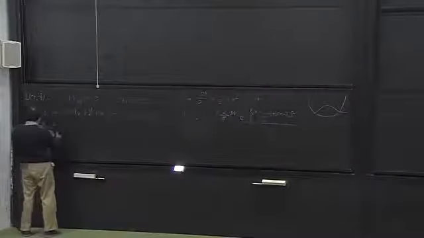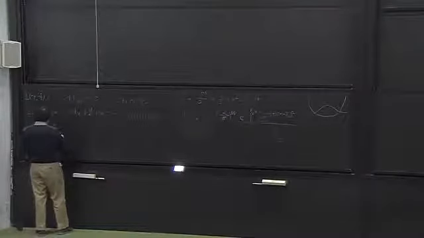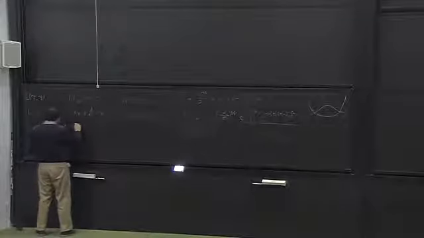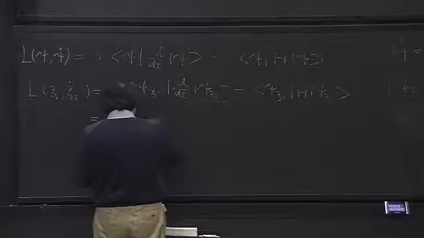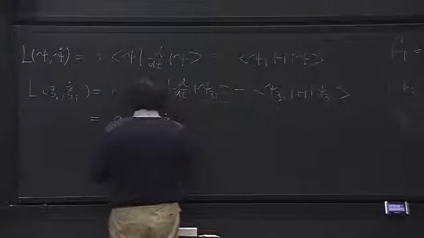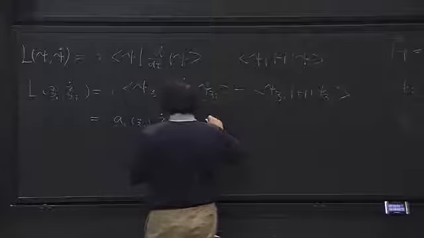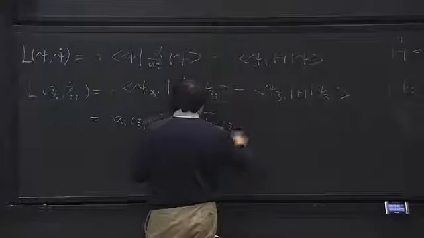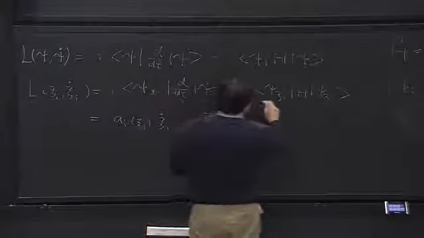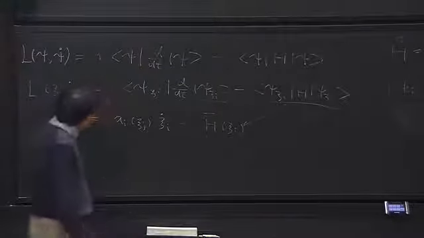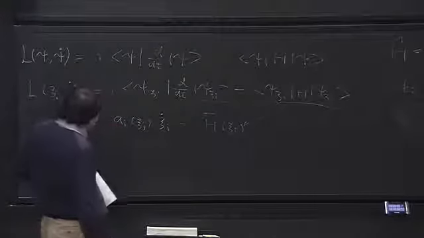If I do the calculation here, this can be written as the following: A_i, which is a function of C, times C_i dot, minus some average Hamiltonian, which is a function of C. So this H bar is just this average, a function of C. Let me explain this a little bit.